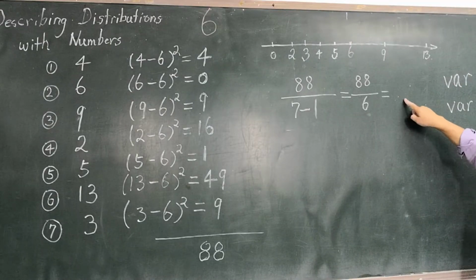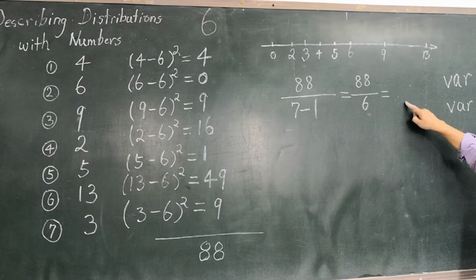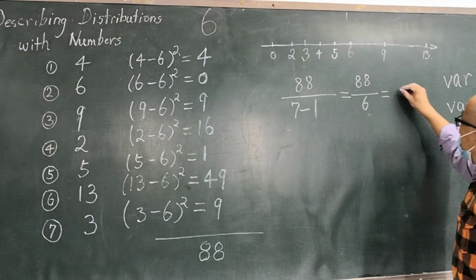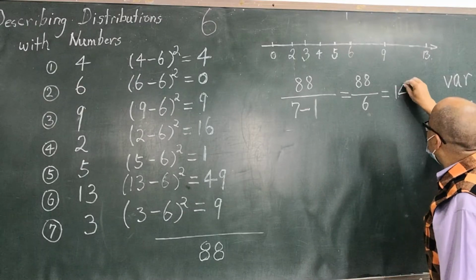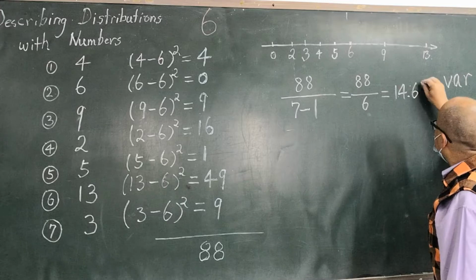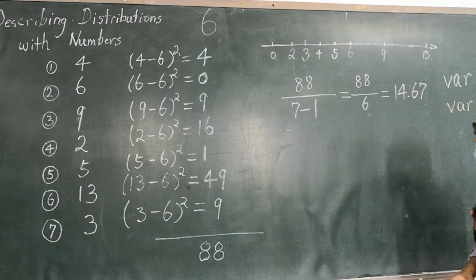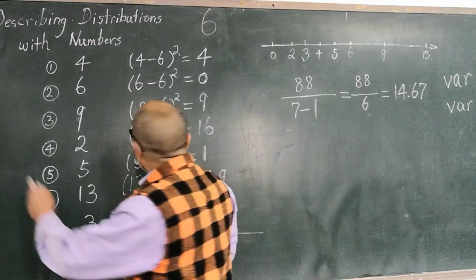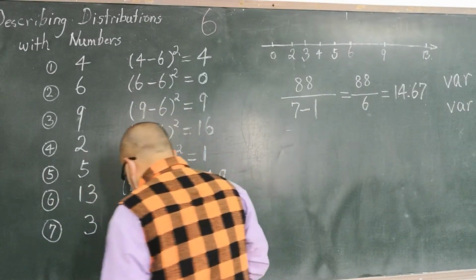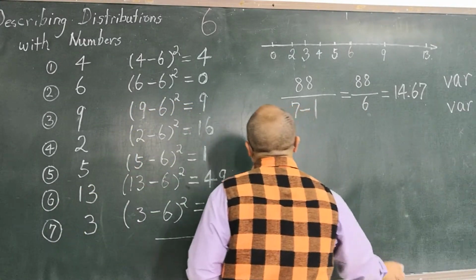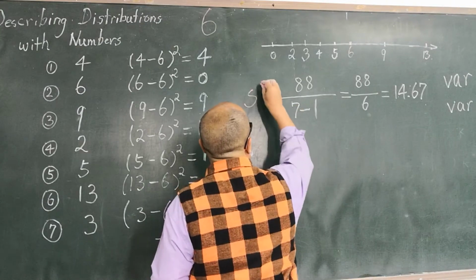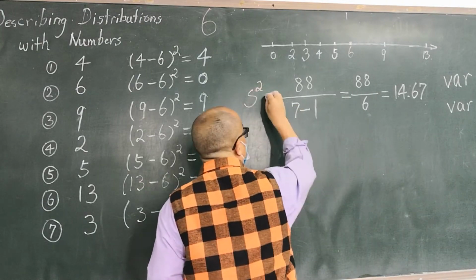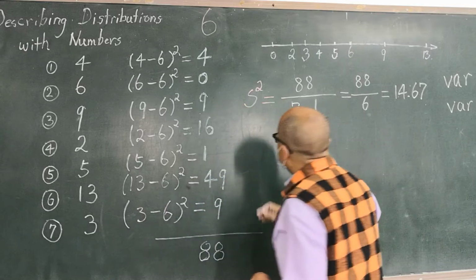What's the result? 14.67. And the variance here is very important. We cannot skip. The symbol is what? I mentioned it yesterday, last class.